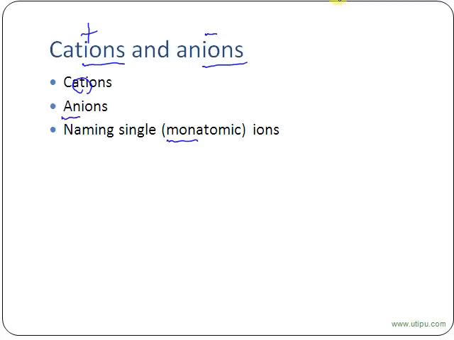For chlorine being an anion, the rule is that you drop the last syllable, so "ine" drops out, and you add "ide" to the end. So the chlorine ion would be chloride.